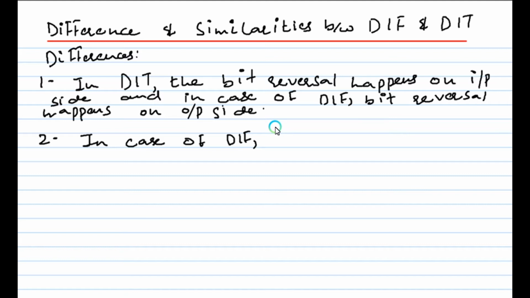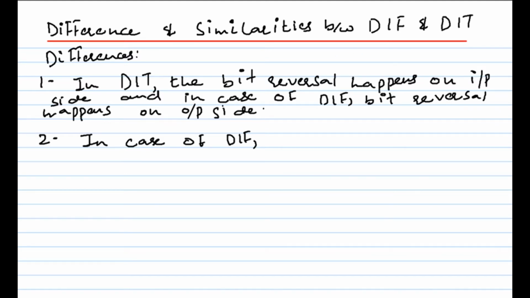Why is it called complex multiplication? Because W_N, the twiddle factor, is e raised to something, like e raised to minus j, so it is complex. So in case of DIF, the multiplication by the twiddle factor is after the addition or subtraction.